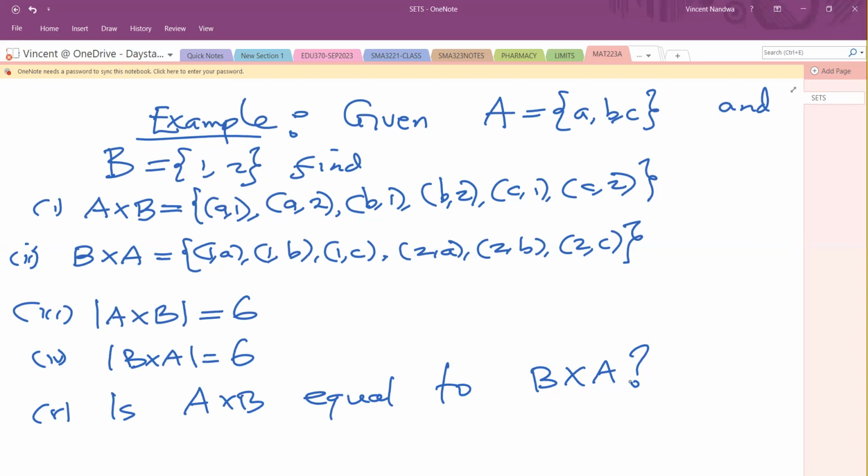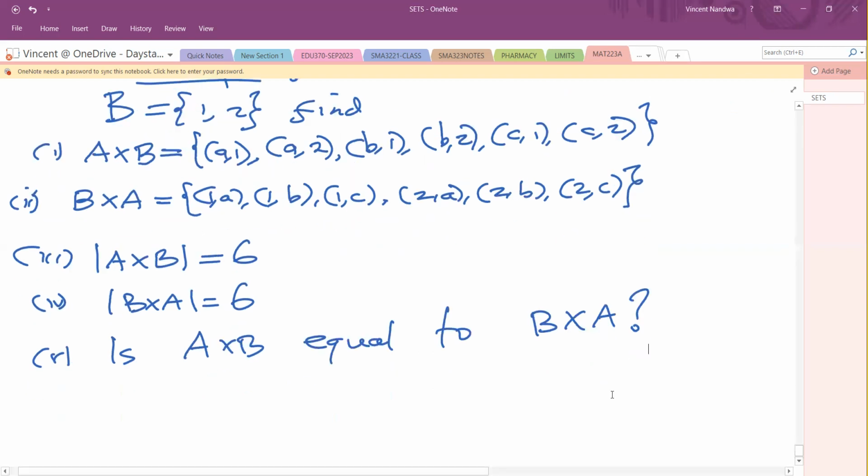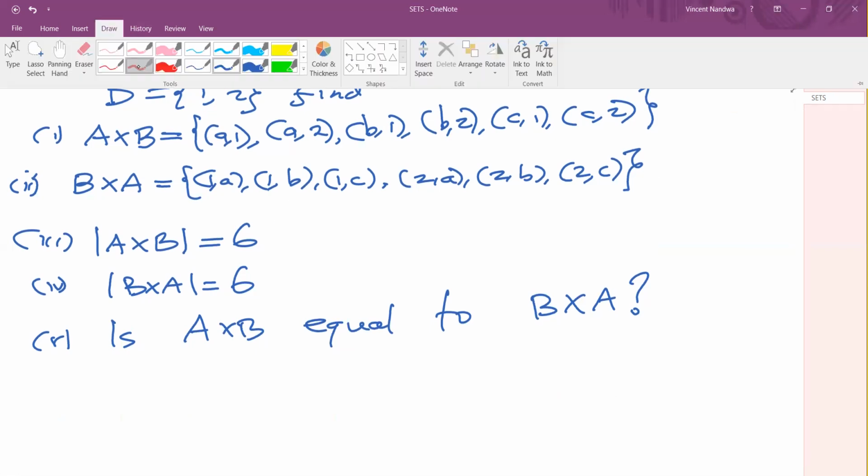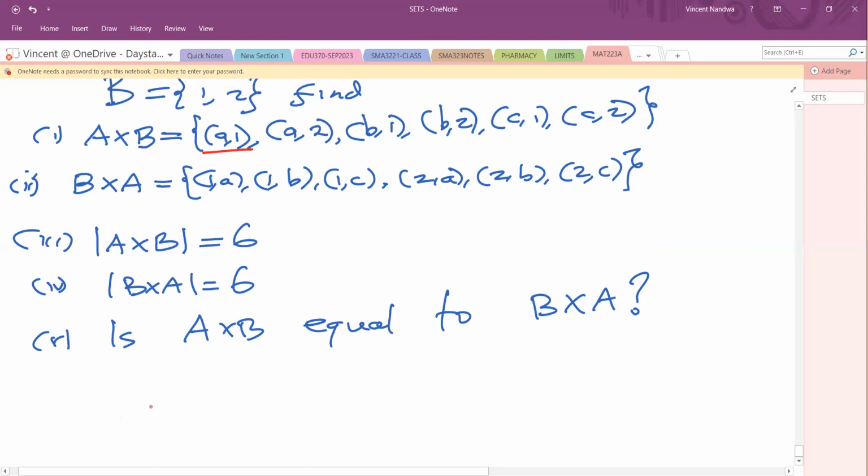Okay, good one. So if I write, you see, like this element here, {a, 1}, and this other element here, {1, a}, you say they are the same.